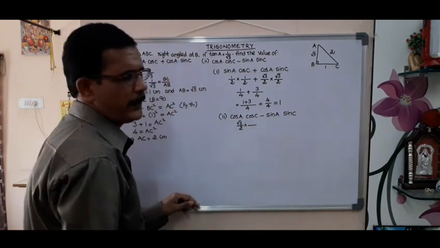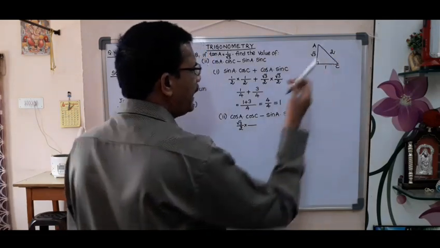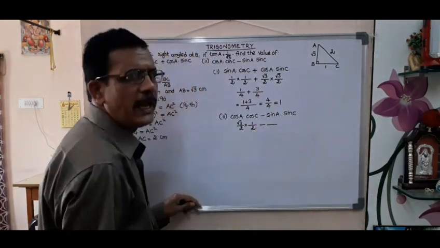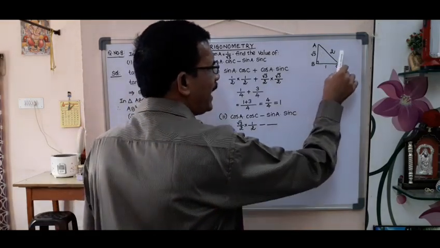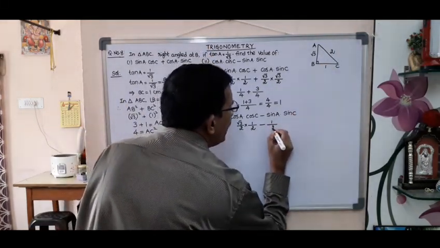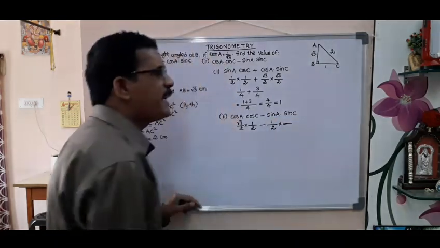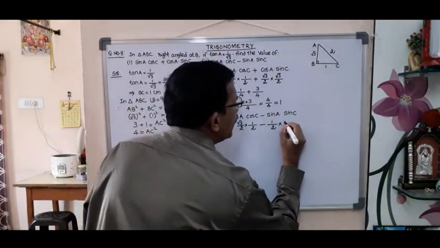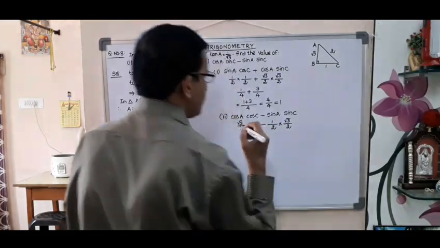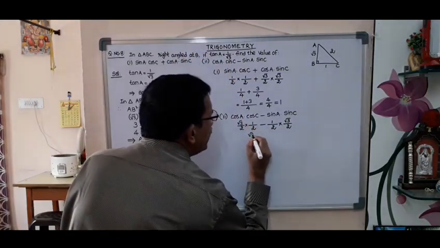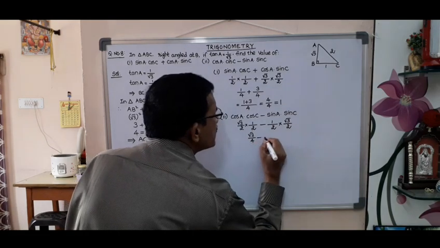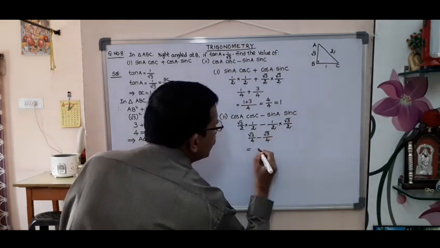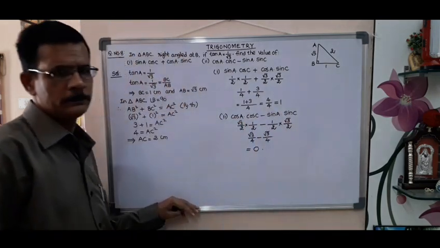Cos C with respect to C, cos BC by AC, 1 by 2, minus sin A with respect to A, BC by AC, 1 by 2. Sin C with respect to C, sin AB by AC, root 3 by 2. Root 3 into 1, root 3 by 4 minus root 3 by 4. Root 3 by 4 minus root 3 by 4 is equal to 0.